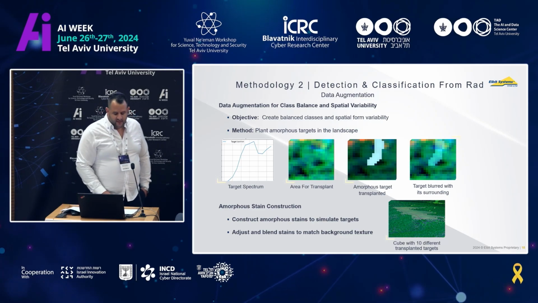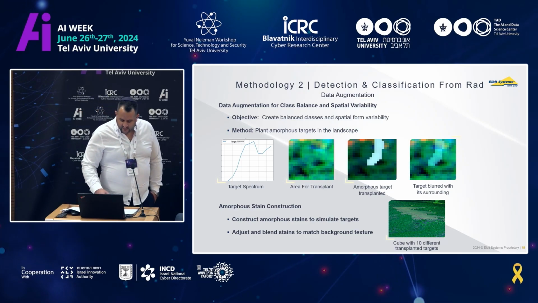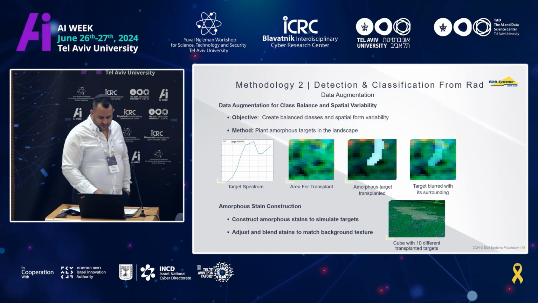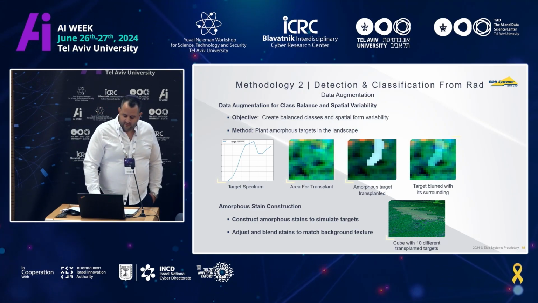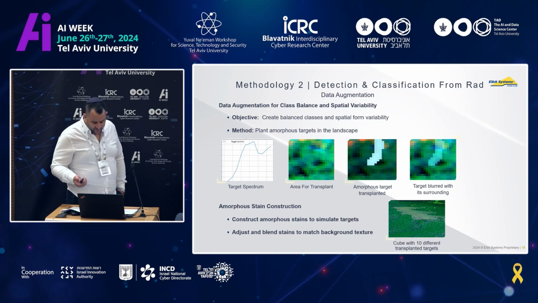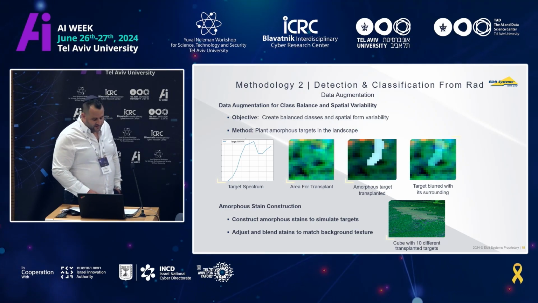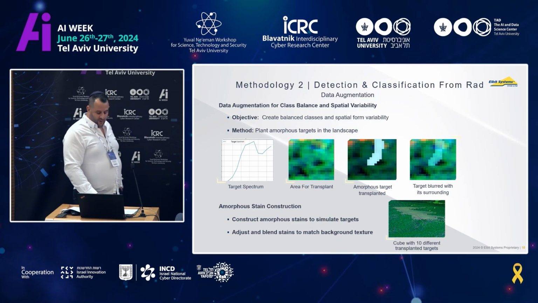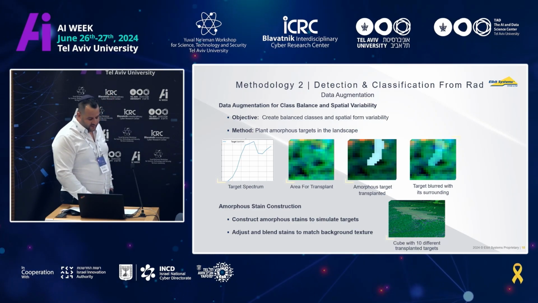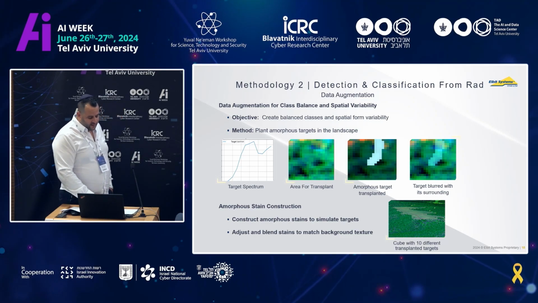Another data augmentation that we do is to transplant targets in the cubes, which ensures class balance and spatial variability. We start with cubes that may have no targets, or a few of them, and to create a strong model, we augmented this data. We extract amorphous stains to simulate targets and adjust and blend these stains to match the background texture.